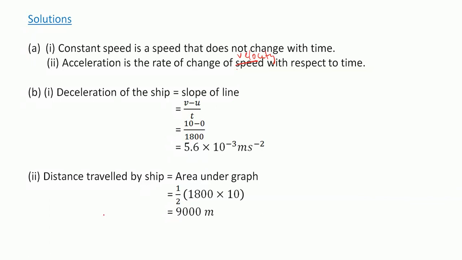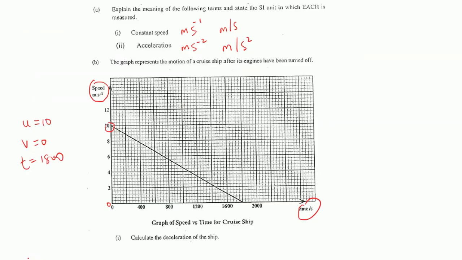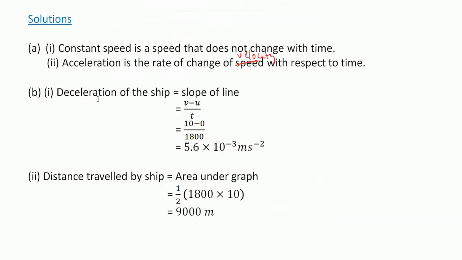And you might say, well, you said u is 10 and v is 0. But in the formula, I used 10 minus 0. Now, if we had used the formula a equal v minus u over t, we would have gotten 0 minus 10 over 1800, which would give us minus 5.6 by 10 to the minus 3.